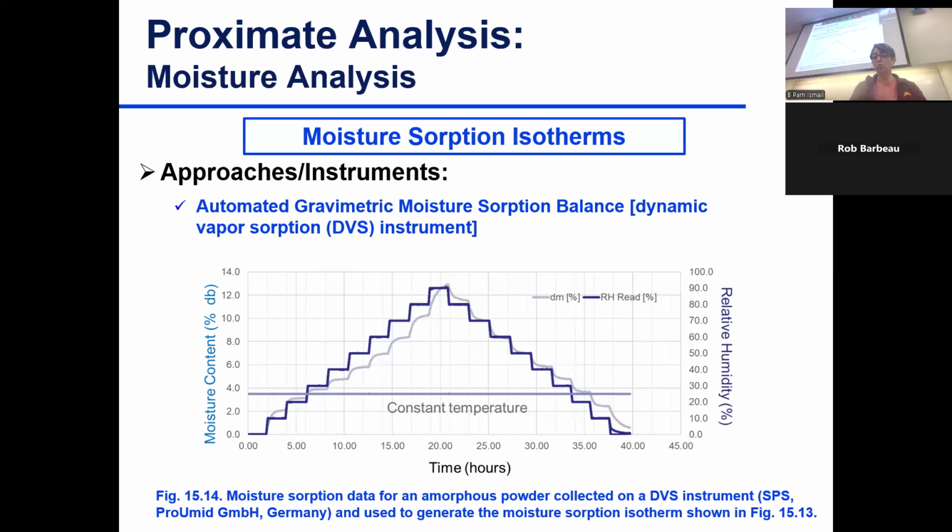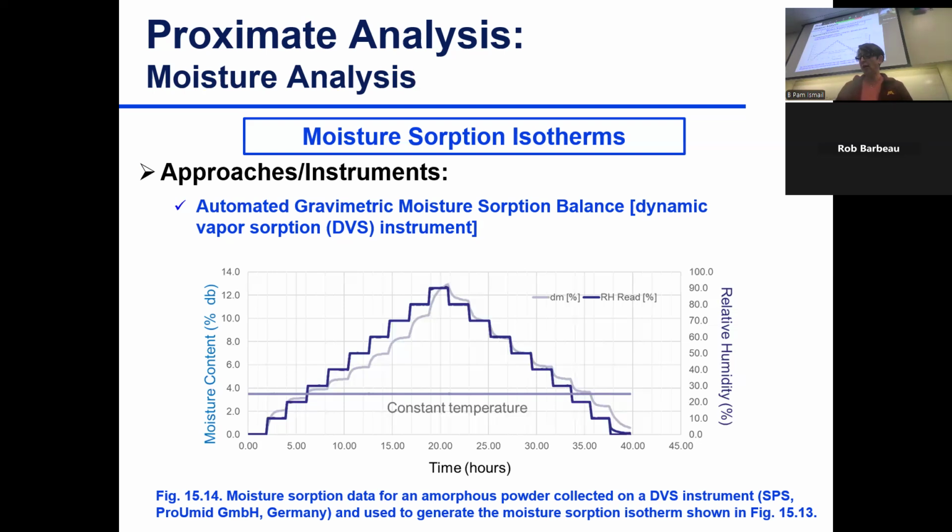So in lab, we used to do it by actually incubating, waiting for equilibrium, and doing it by hand. So that's it. What I want you to know about isotherms is how we develop an isotherm.